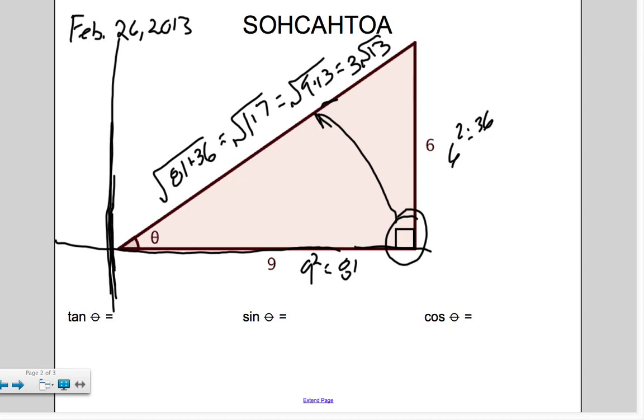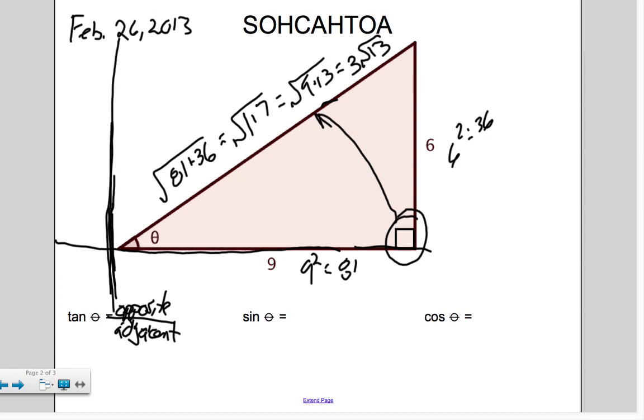Now let's do a little review. Tan of theta. What's tan of theta again? Opposite over adjacent.